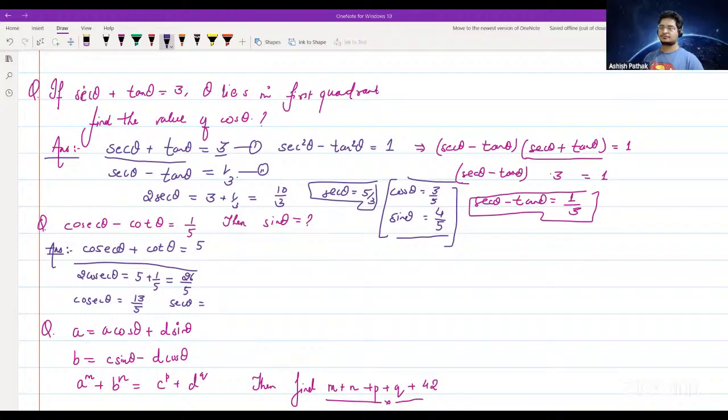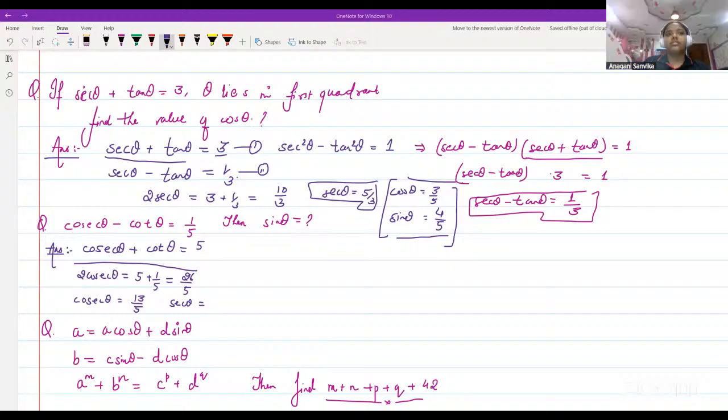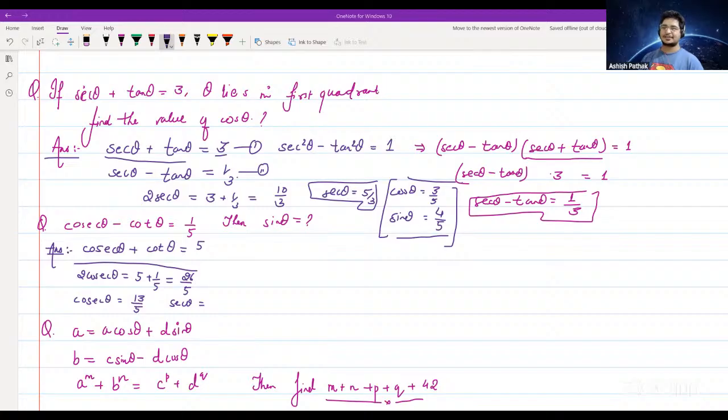I don't remember. 13, 5. There is a triplet. 13, 5, the triplet is 12. So we have this triplet as 12.